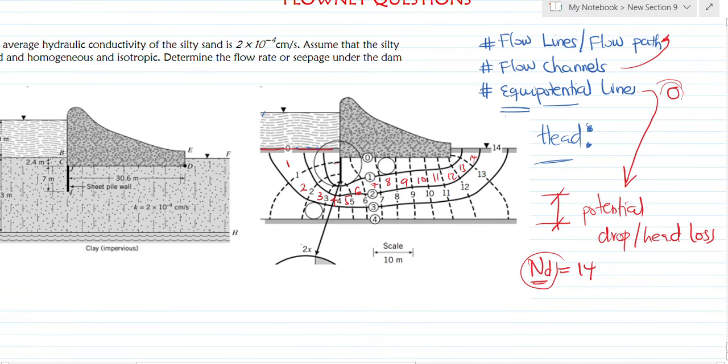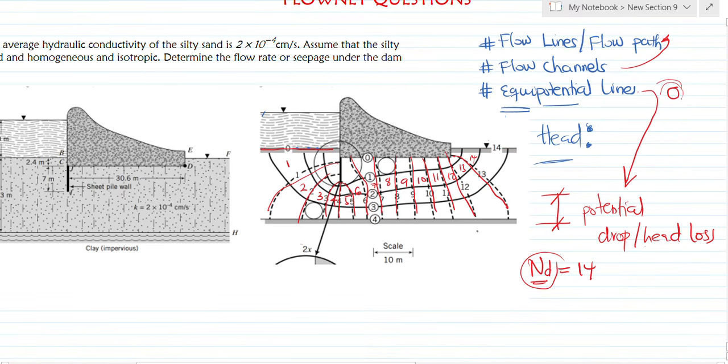So this is 0, 1, 2, 3, 4, 5, 6, 7, 8, 9, 10, 11, 12, 13, and 14. If you count the equipotential lines and start from 1, you end up getting 15.